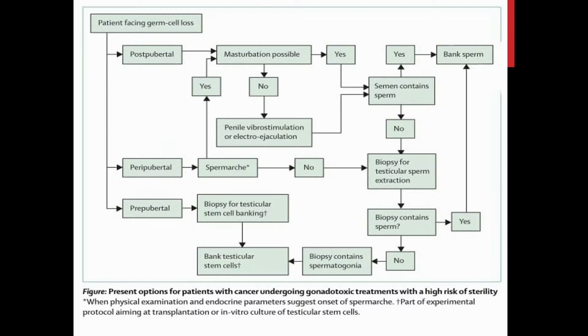If the semen contains sperm, you sperm bank. If there's no sperm in the peripubertal and postpubertal, and they have achieved sperm maturation, you can do a biopsy for sperm extraction and sperm bank.